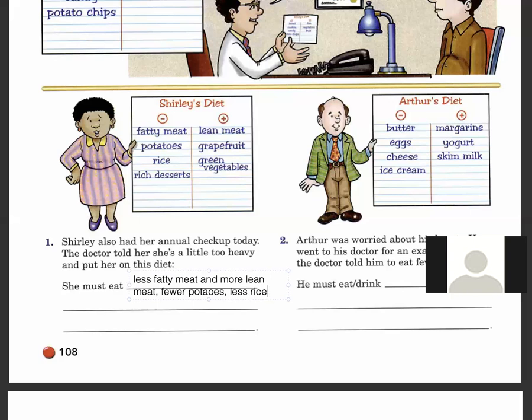Also, she must eat more lean meat, more grapefruit, more green vegetables.